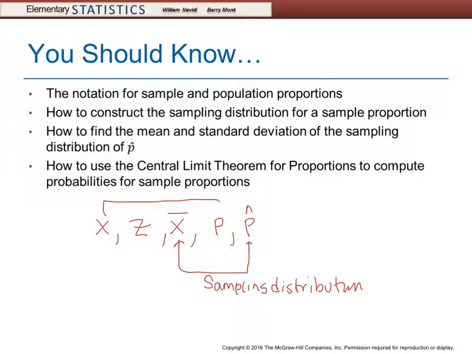These two variables, one a qualitative and one a quantitative variable, have population distributions. The difference between the population distribution and the sampling distribution is like the difference between an individual and a group. That's the way I would like you to look at these two types of distributions. That concludes this particular chapter.